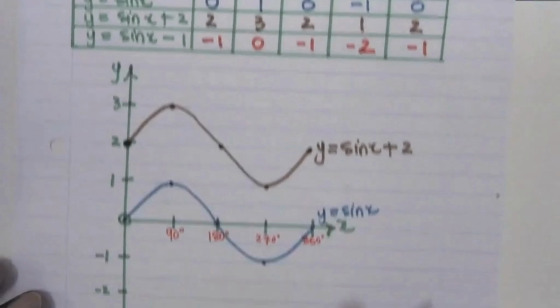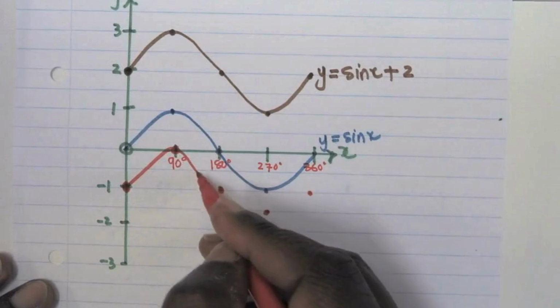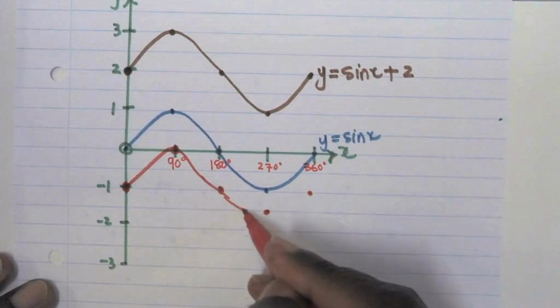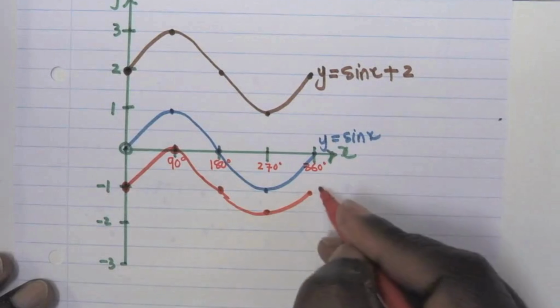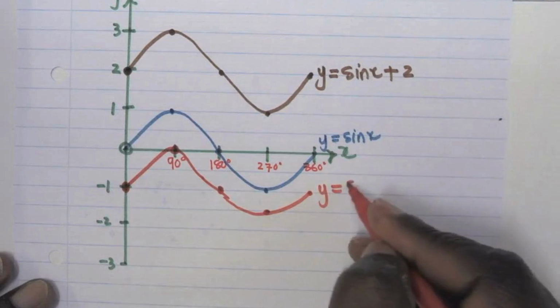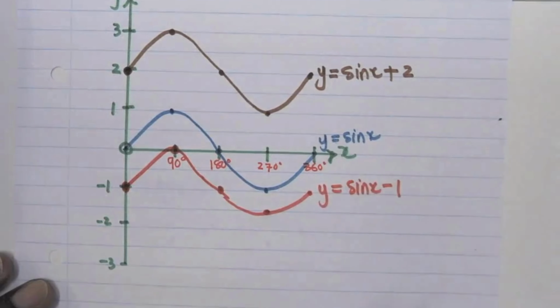And when we join the points here, we are starting at 0, -1, then we go to 0 at 90, at 180, we are at -1, at 270, we are at -2, and at 360, we are at -1. Then I join these points freehand. And this is my graph of y is equal to sin x minus 1.